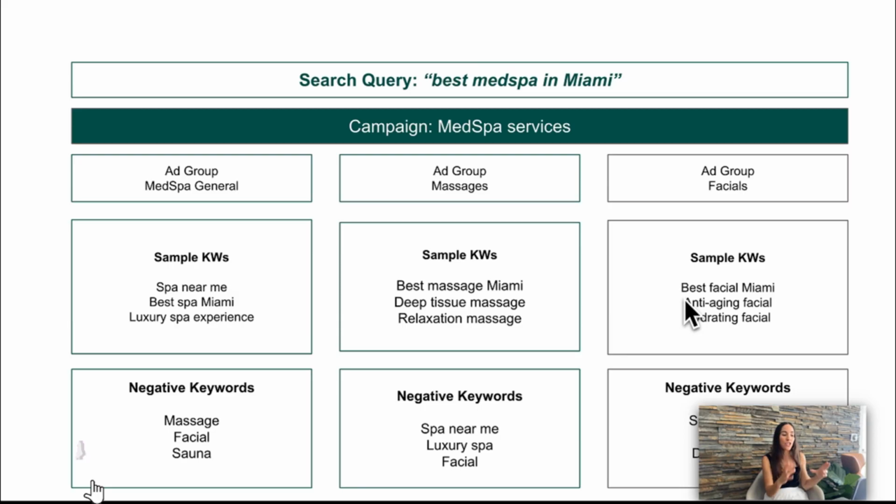My general ones can really exclude anything that has massage and facial. I don't know about sauna, but yeah, massage and facial. And then the ad group that is all about massages, I might want to exclude more of the general terms, and so on. That way, the data is going to come out cleaner, and it's going to be easier to see what works within your campaign.